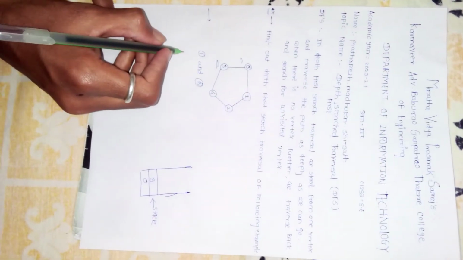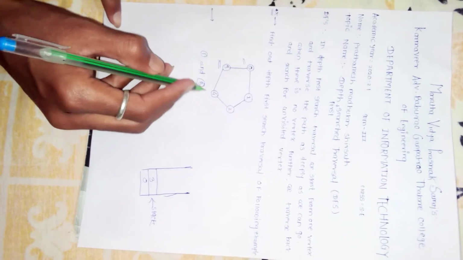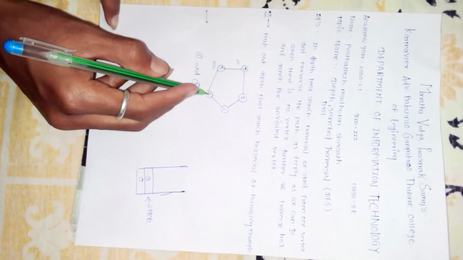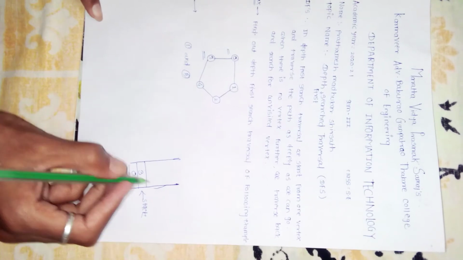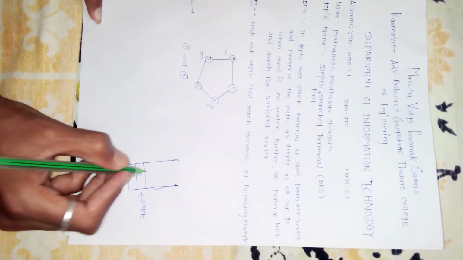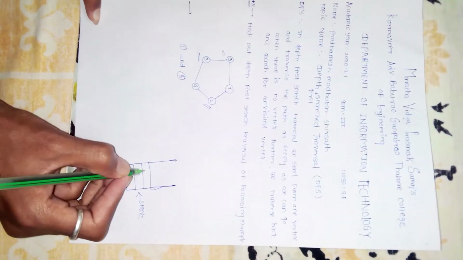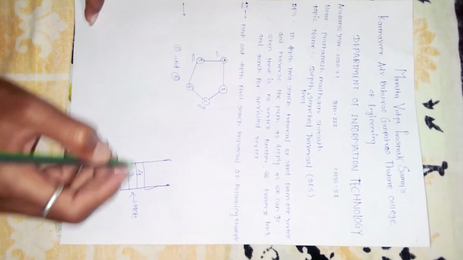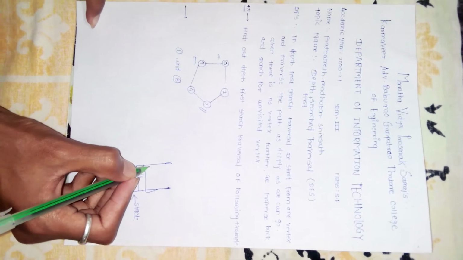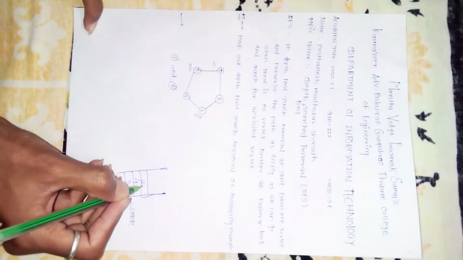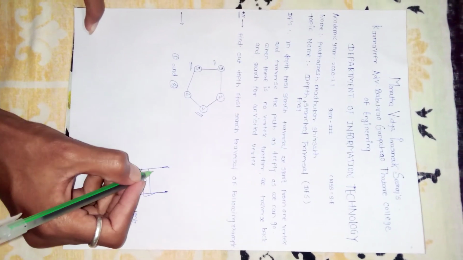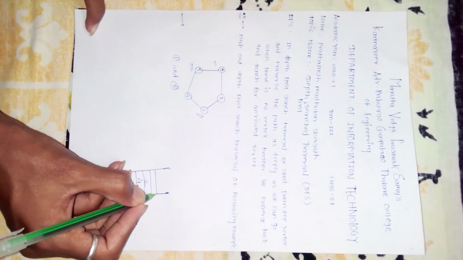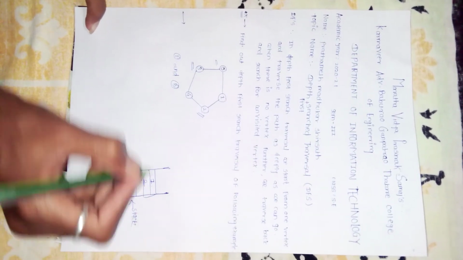Then for 4 there are 3 and 2, but 2 is unvisited, so we take 2 as the next element and put 4 in the stack. For 2 we take 1 as the adjacent vertex and put 2 in the stack. Then similarly we put 1 in the stack.